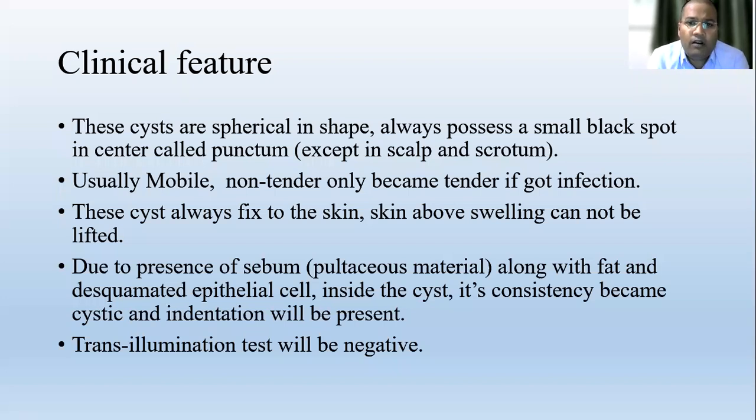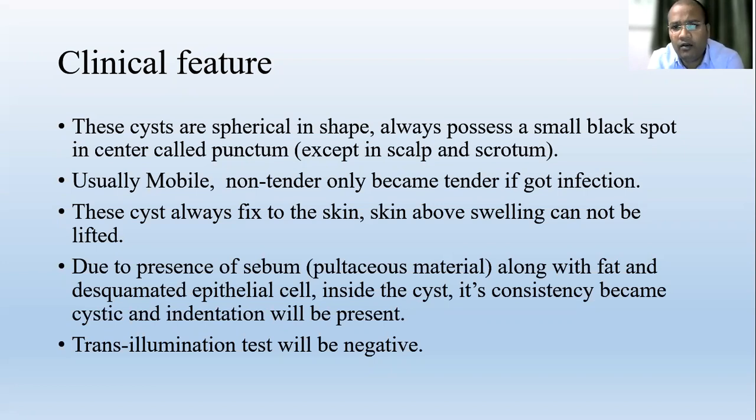Usually these cysts are non-tender. The trans-illumination test will be negative. If it is of a larger size, then maybe the fluctuation test may be present, or sometimes fluid thrill may be present. These sebaceous cysts are usually painless and usually attain a size up to 2 centimeters, not more than 2 centimeters.